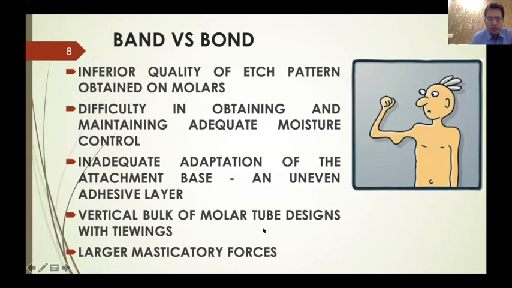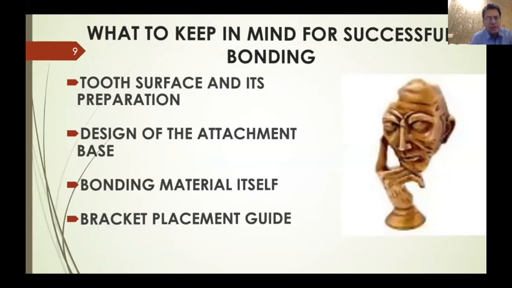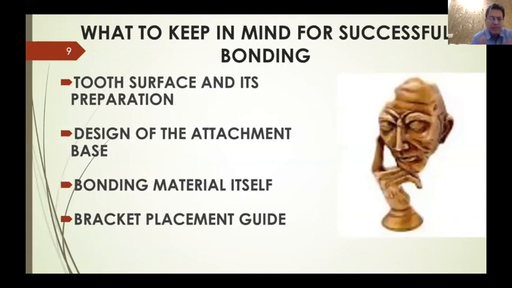So would you like to band or bond a molar? If you are using lingual auxiliaries or headgears, it's always good to band rather than bond. So you can answer easily when it's asked in the exam why bonding versus banding, and under which conditions on the molar you would like to band versus bond.